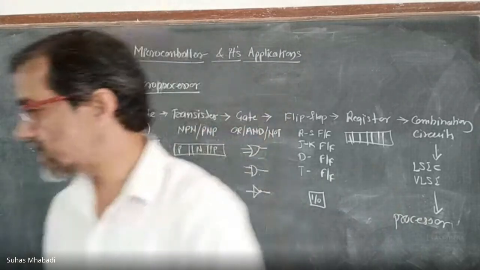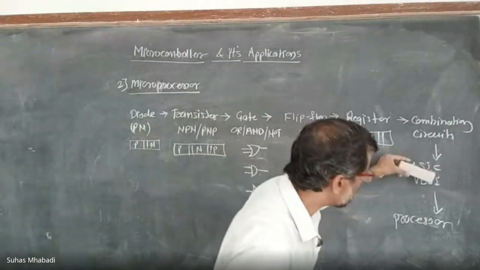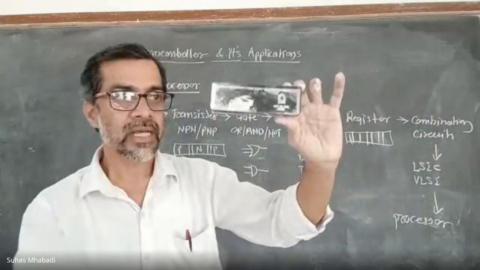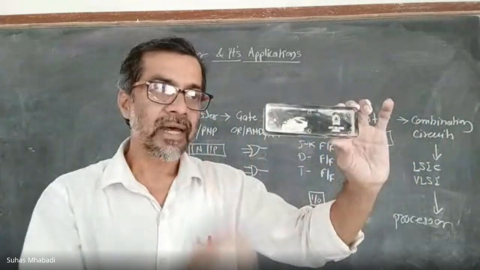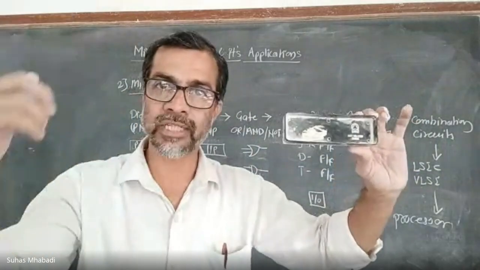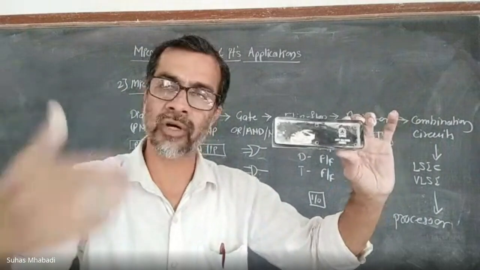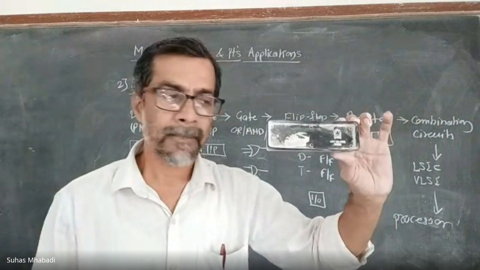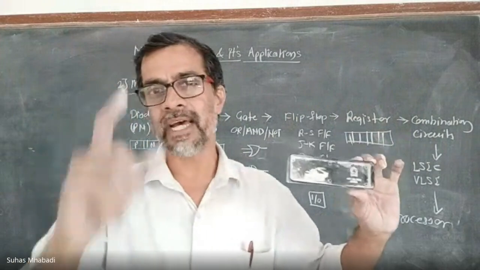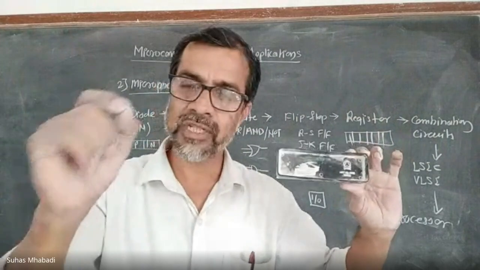This IC consists of a number of registers and it is used for processing addition, subtraction, multiplication, division, OR, and XOR, and so on. The processes require some time. Every process requires some time.